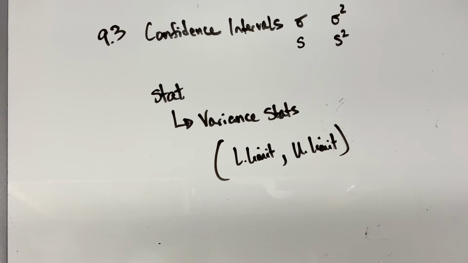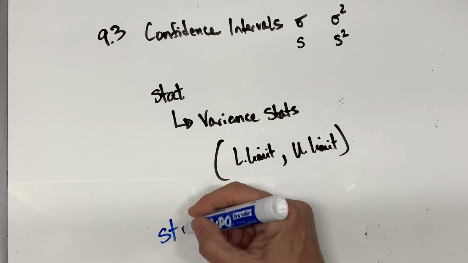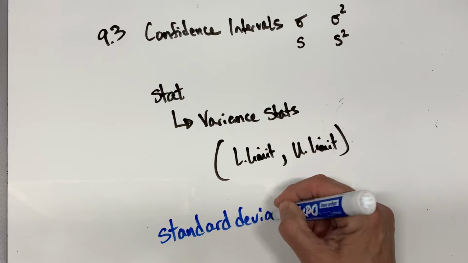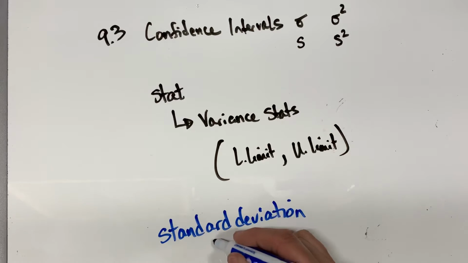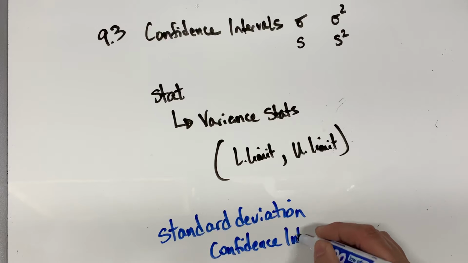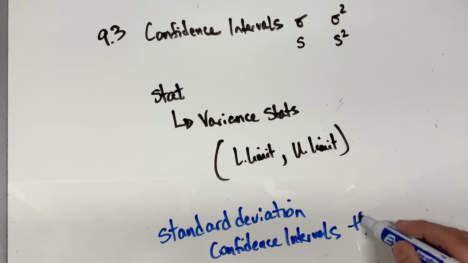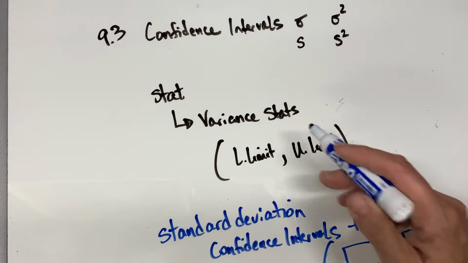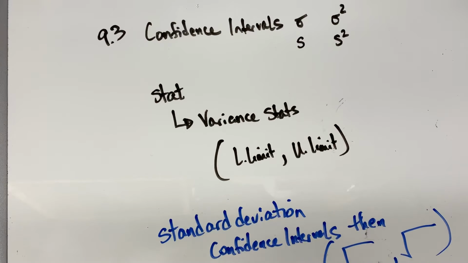So let me say that again. If they want the standard deviation confidence intervals, then you're going to square root those upper and lower limits that you got from your variance stats tool in StatCrunch, okay?